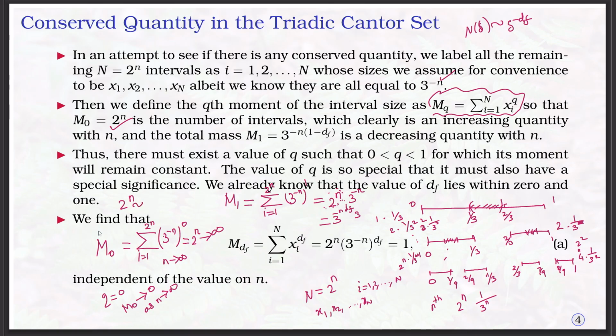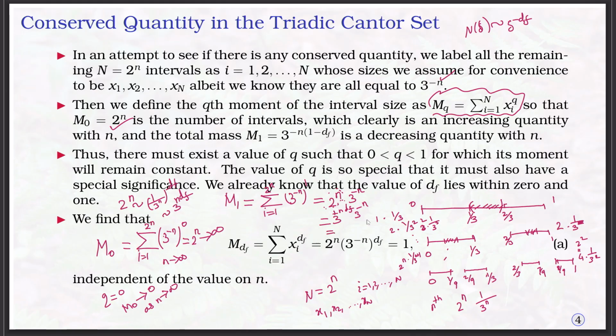Here 2 power n is 1 by 3 power n, power minus df, which is equal to 3 power n df. So here it must be plus, then here you will get minus n.